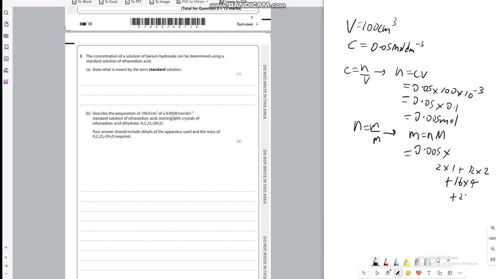So I will multiply 2 into 18. Then I get 2 into 1 is 2, 12 into 2 is 24, 16 into 4 is 64, and 2 into 18 is 36.